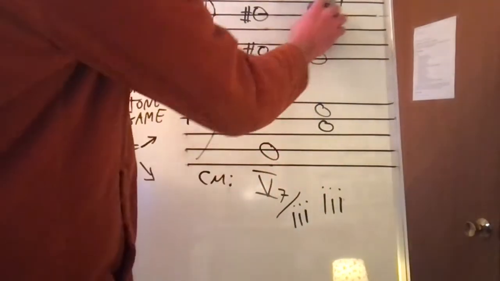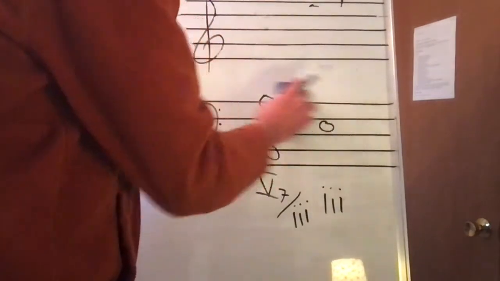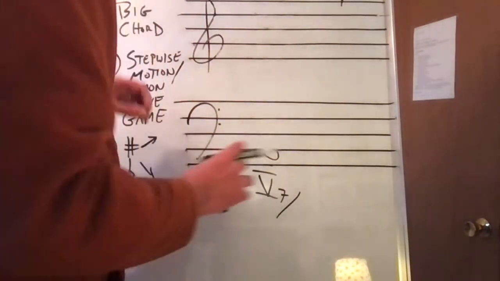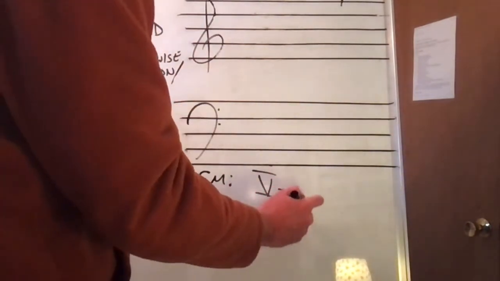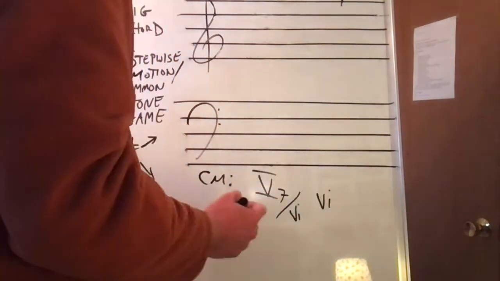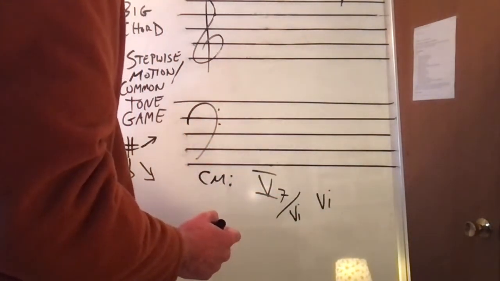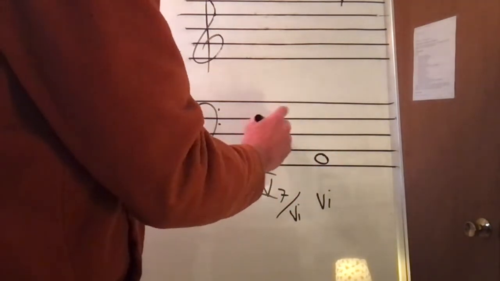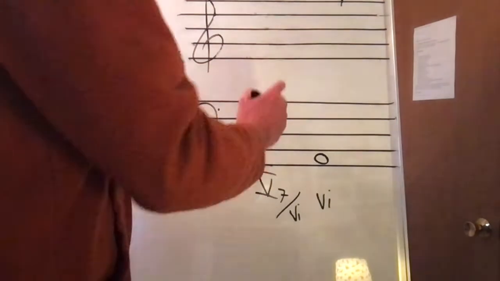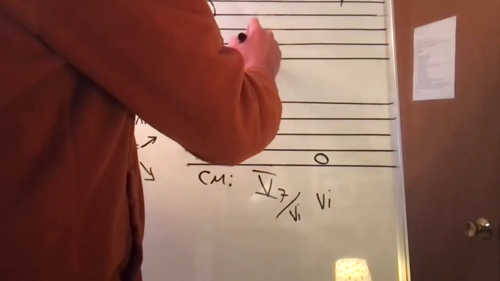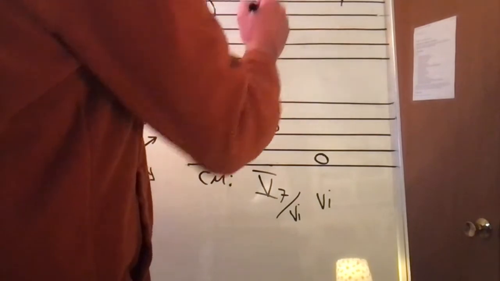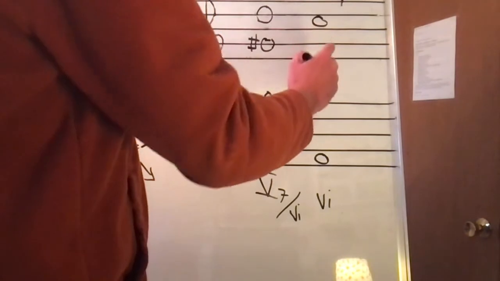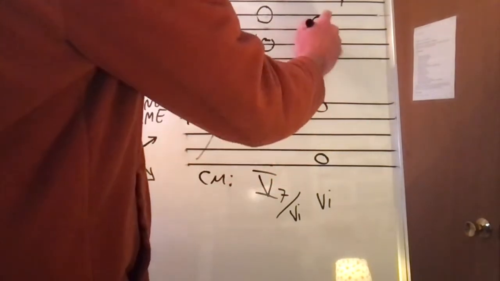Let's do the vi. Six in C. Okay, it's going to be A. A perfect fifth higher than A is E. Okay, and then my chordal seventh is going to go down.